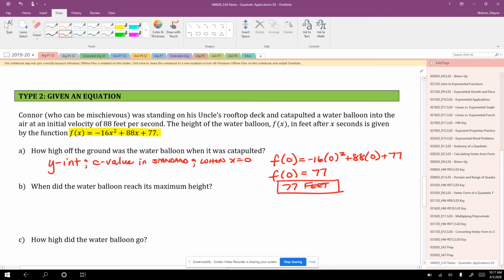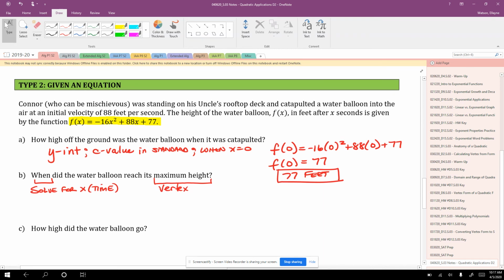Part B, when did the water balloon reach its maximum height? So when means we're solving for x, which is time. And again, anytime you see maximum height, you should be thinking vertex. Okay, so the x value of the vertex. So recall, x value of the vertex is opposite of b over 2a. So if you need to, you can write this either above or right underneath it.